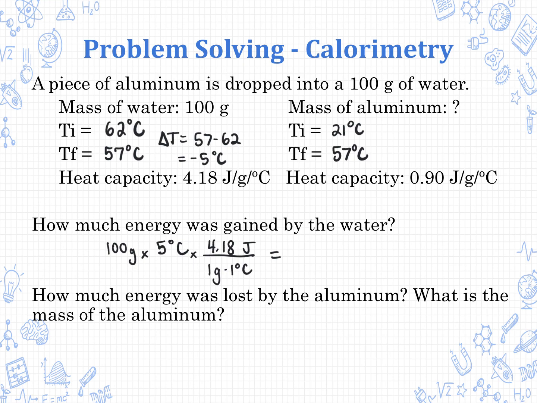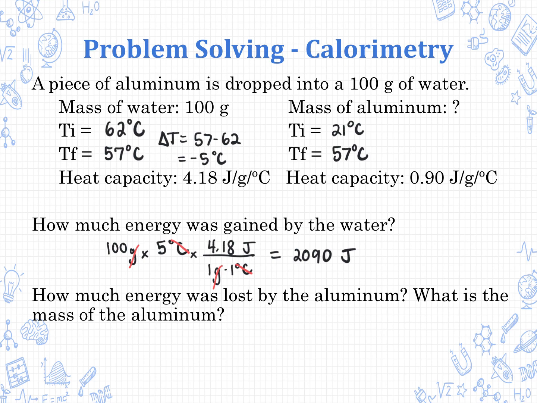So 100 times 5 times 4.18, I got 2,090 joules. And we're calculating energy here. We also see that a gram divided by a gram simplifies to 1, a degree Celsius and a degree Celsius simplifies to 1, so the water lost 2,090 joules.